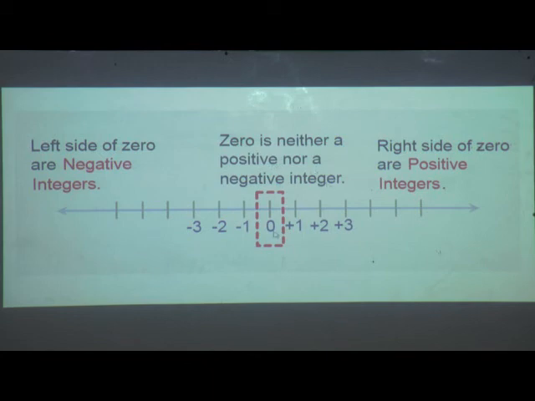For 0 we don't have any sign. On the right side we have positive integers, and on the left side we have negative integers, whereas 0 is neither positive nor negative.